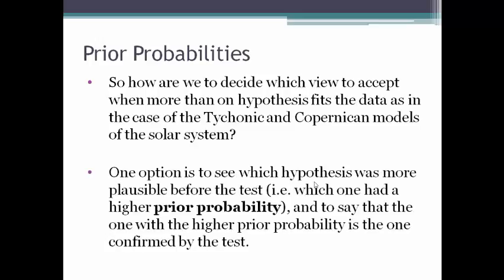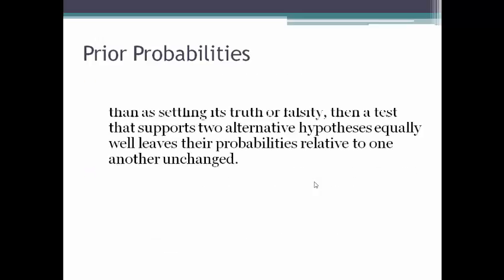One option is to see which hypothesis was more plausible before the test, before we ever ran the experiment. That is, to see which one had a higher prior probability, and to say that the one with the higher probability is the one confirmed by the test.